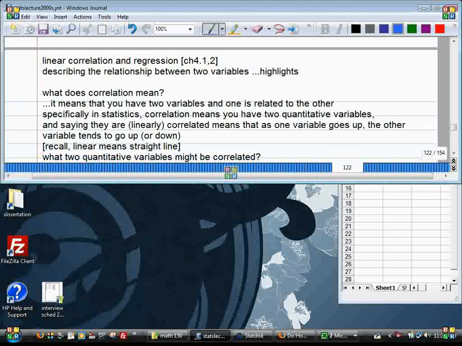Number of cigarettes that you smoked, and I guess you could say the likelihood of getting cancer. Absolutely. So the more cigarettes, the more likely cancer is. Okay. So that's a good example.